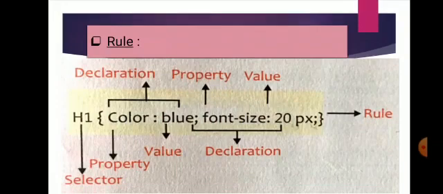H1, I am selecting the selector that I am using these properties for, H1 means main heading. Property color, color I had selected and its value blue. Then second property I had selected font size and its value 20 pixel.